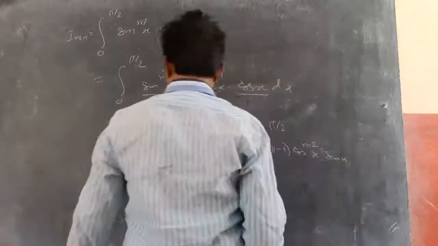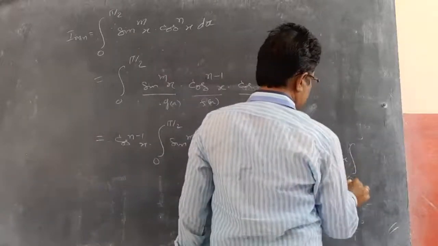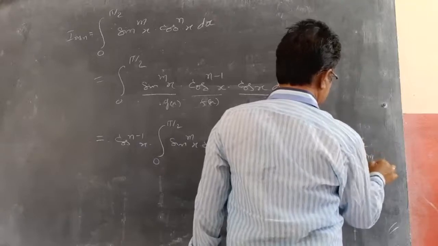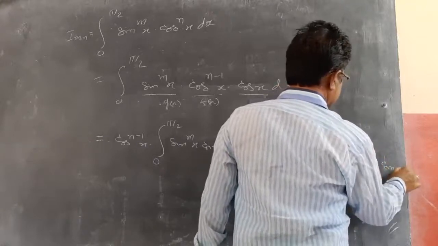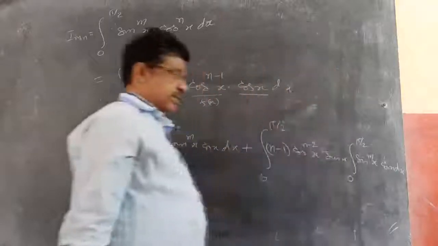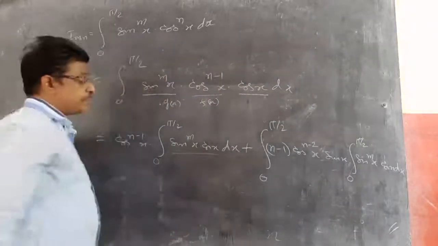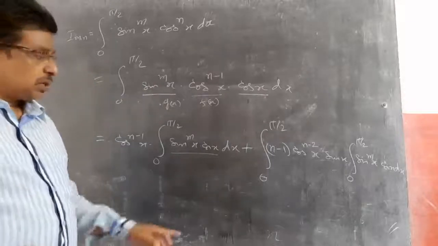Next, the integral of g(x) means the integral from 0 to pi by 2 of sin^m x into cos x dx. Now, if I find this integral of sin^m x into cos x dx, what do I get?